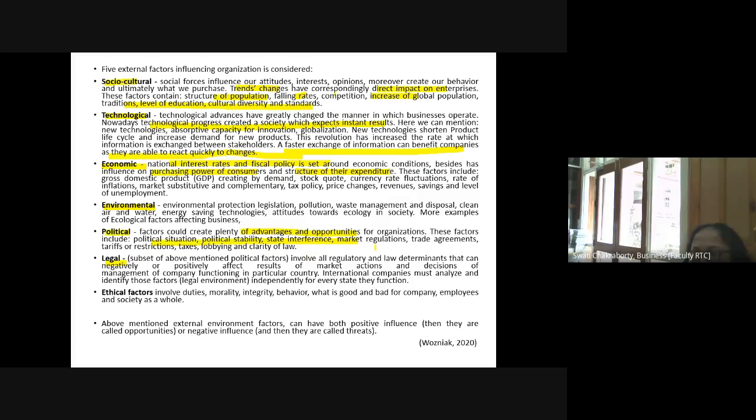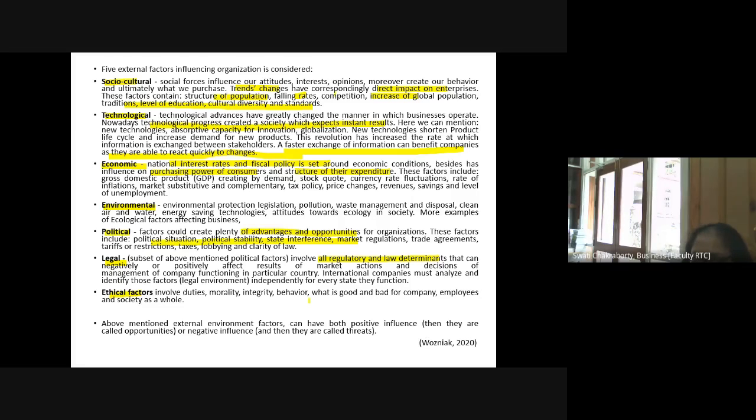Legal involves all the regulatory and law determinants that can affect the market situation and the decisions that companies make, either positively or negatively. International companies must analyze the legal aspects before they come and operate in an economy. Ethical factors are the duties, morality, integrity, and behavior, what is good or bad for employees and for society as a whole.